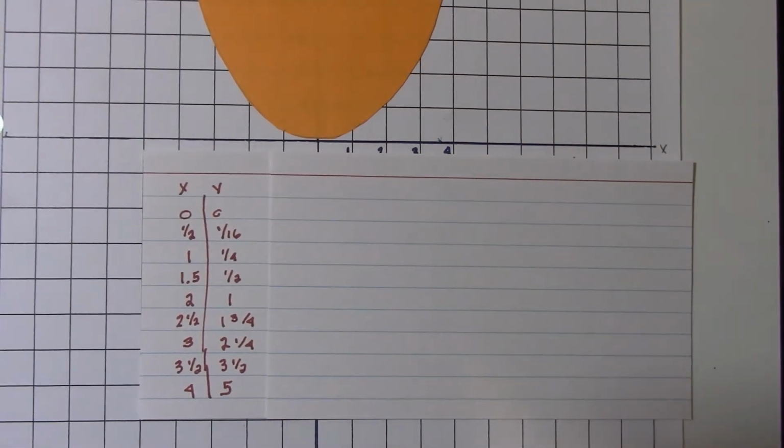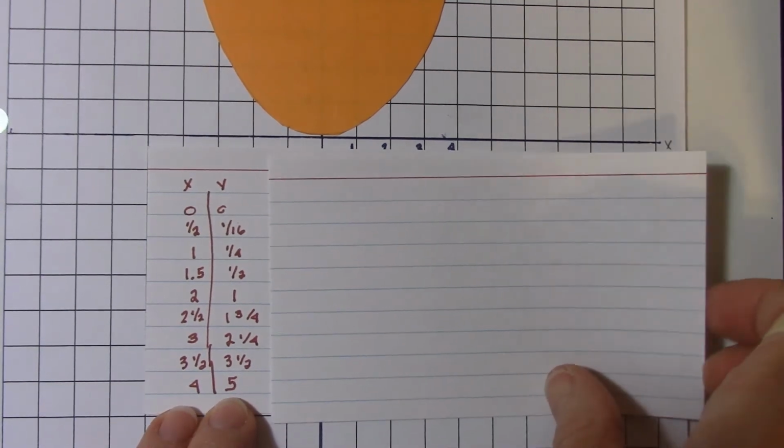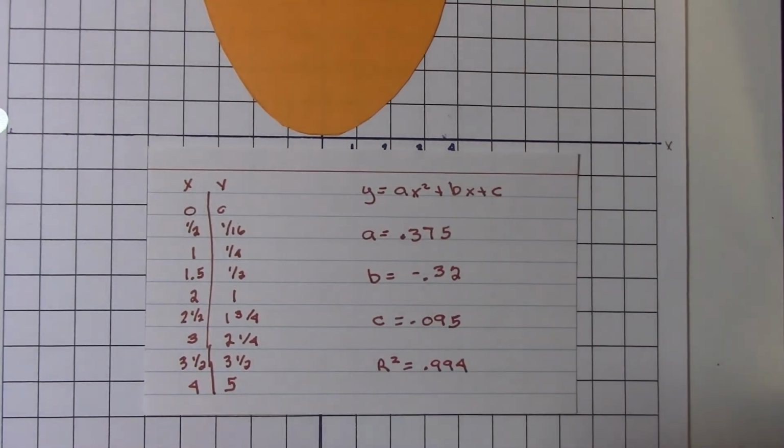As I get my data points, I can also run them through the calculator, and I can obtain my quadratic regression line, which gives me my A is 0.375, my B is negative 0.32, and C is 0.095. My R squared, my correlation coefficient, is 0.994, so I see it's a very strong correlation.